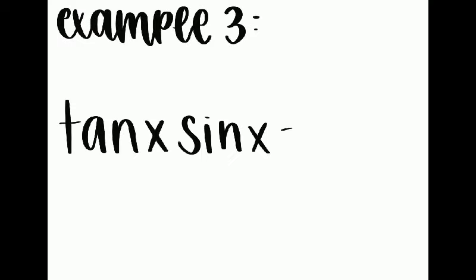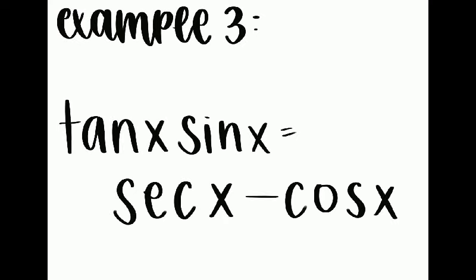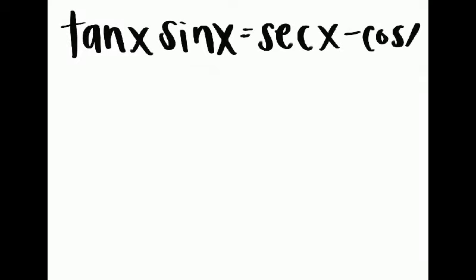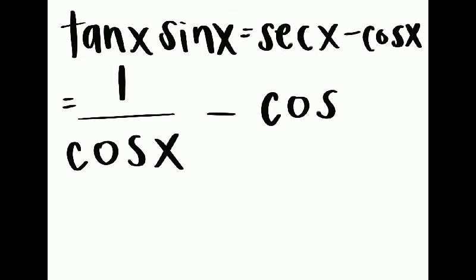For the next example, we have tangent x times sine x equals secant x minus cosine x. Now, we will be simplifying the right side of the equation. Secant x minus cosine x equals 1 over cosine x minus cosine x.